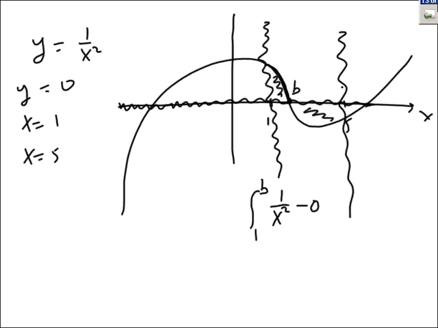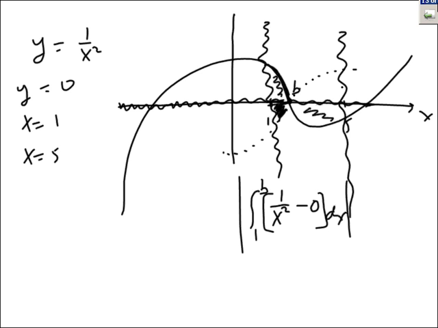This is 1 over x squared, and this is 0, dx. And I would take the absolute value of this, in case it could have been that 1 over x squared could have gone like that, that is, the 1 over x squared is below y equals 0.